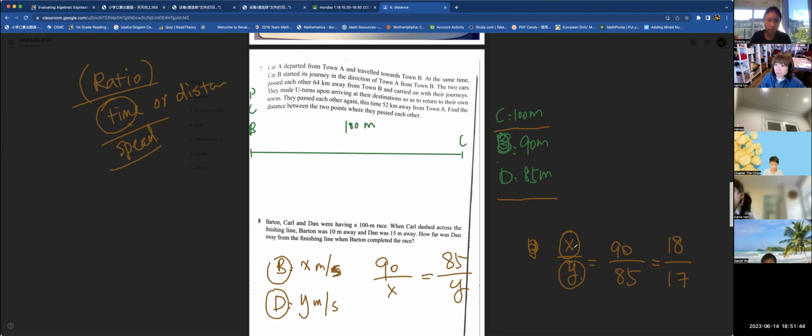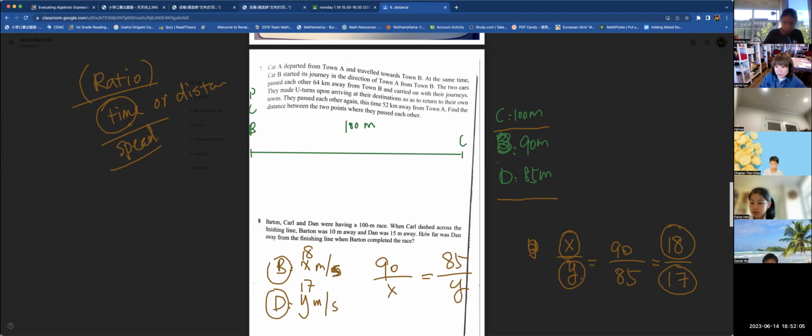Correct? Oliver, understand? So that is the ratio of the speed. Daniel asks, teacher, can I just treat it as 18 meters per second and 17 meters per second? Of course you can. Special number is very helpful.